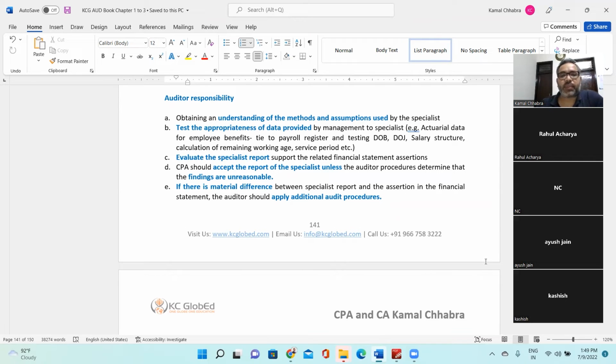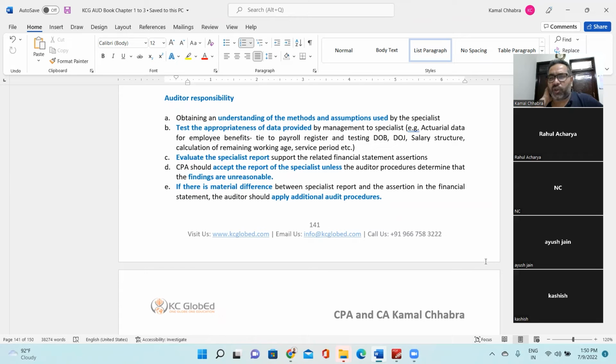Fifth is, if there is a material difference between the specialist report and the assertion in the financial statement, the auditor should apply additional audit procedures. For example, you found $1 million is the salary expenditure, but the actuarial has considered $800,000, and the actuarial is not ready to revise the report, and management is also not comfortable in revising the report.